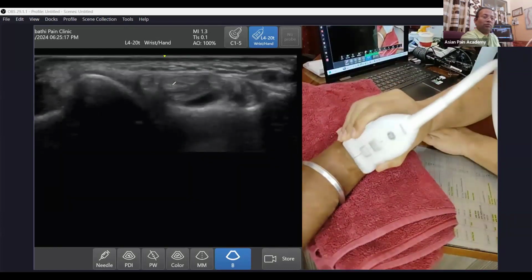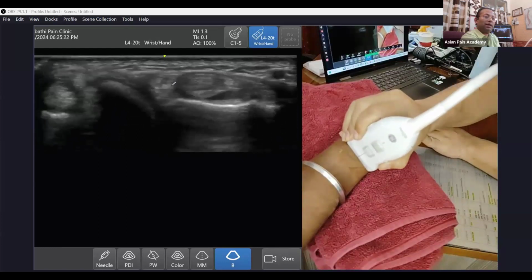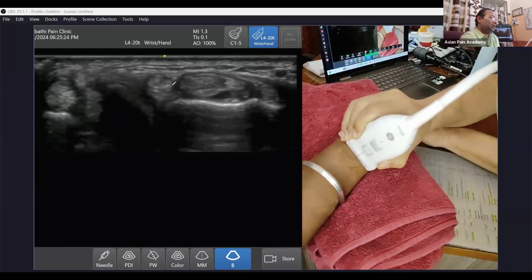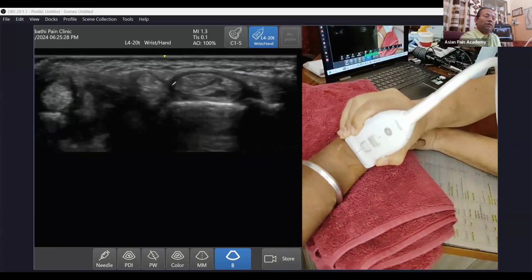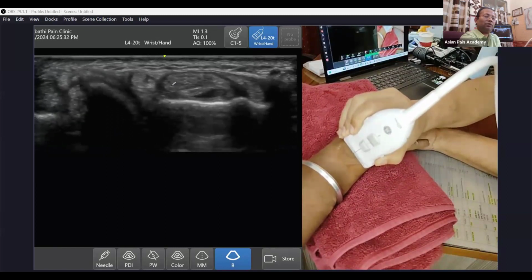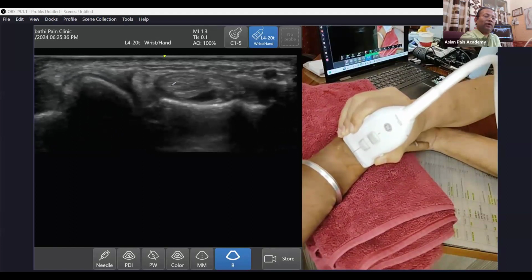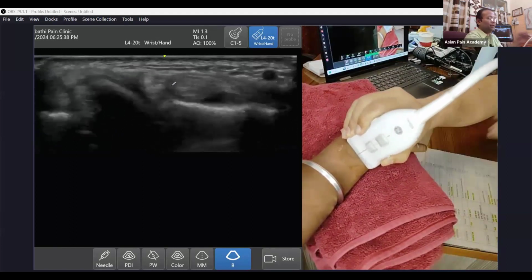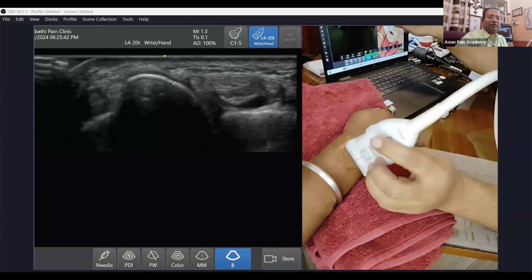Anyway, just under the yellow mark, that is the extensor digiti minimi. Move the little finger a bit, yes. So you can see that he moves actively, and extensor digiti minimi, that is also moving. Okay, anyway, so this is the compartment number 5.